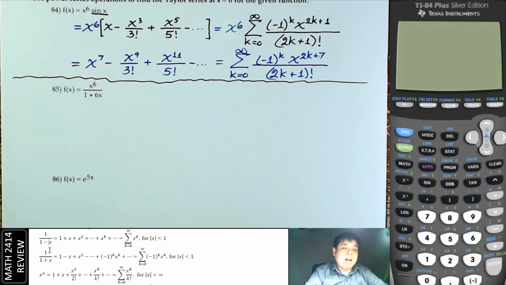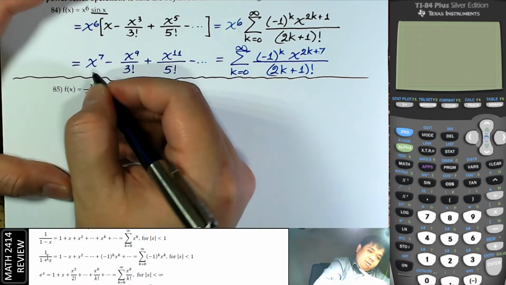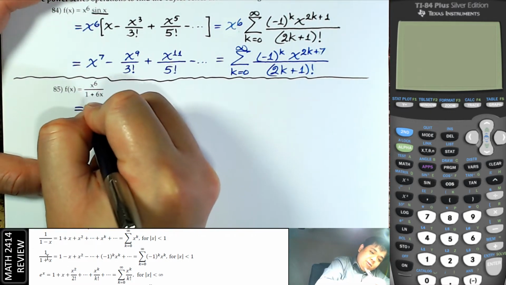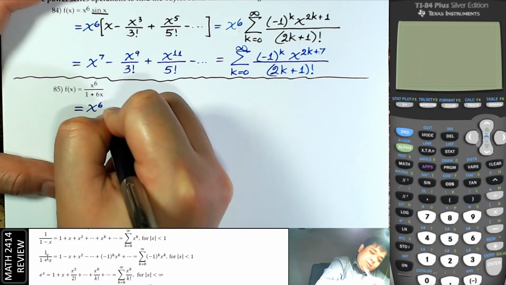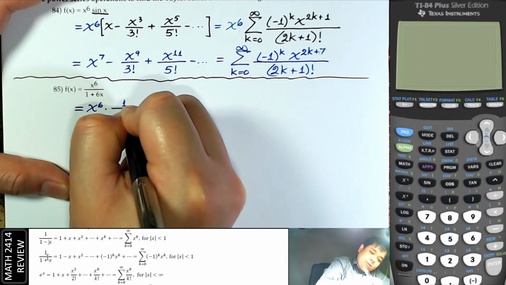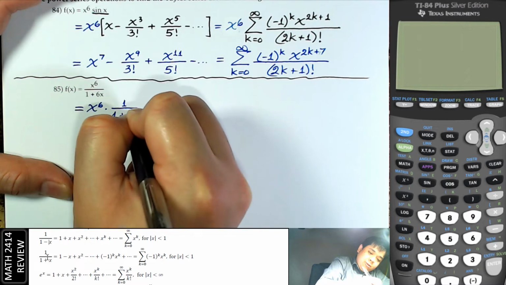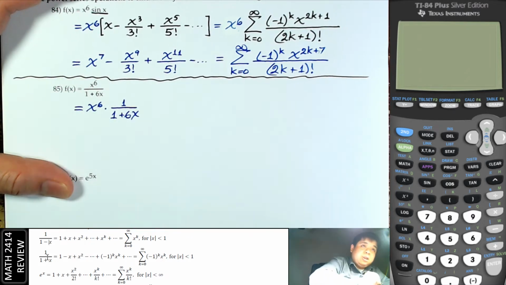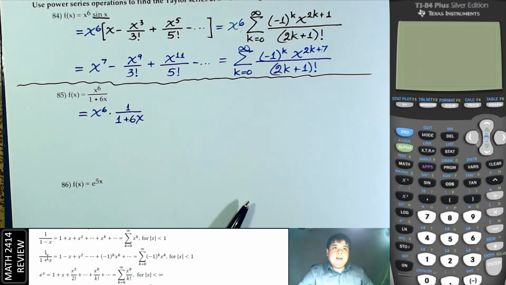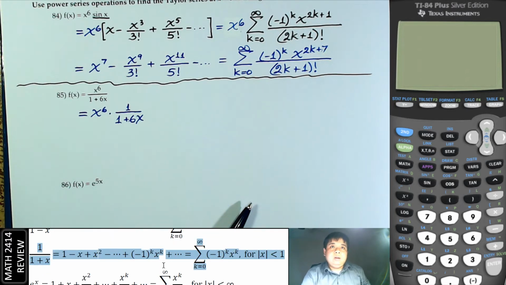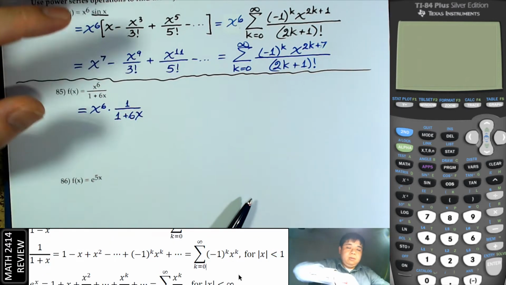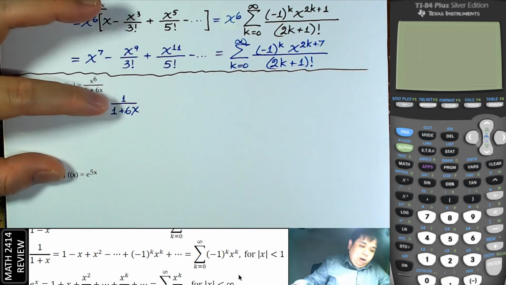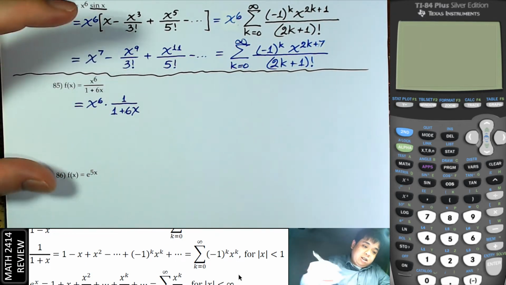If we take out the x to the 6, so if we write like that, and once again I'm going to use this series representation for that. Right, so x to the 6 is still there.